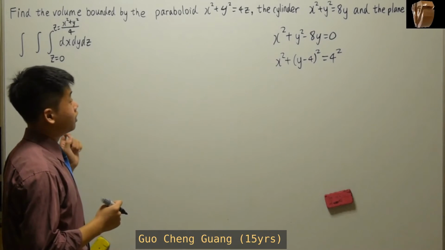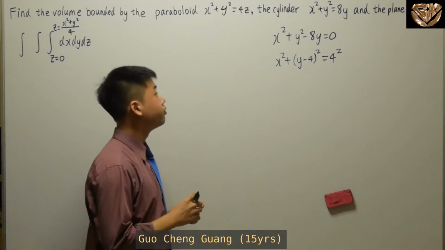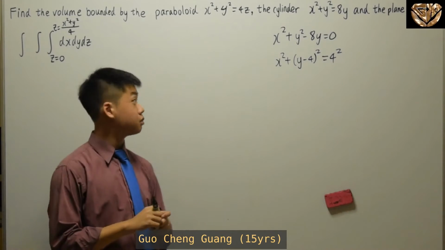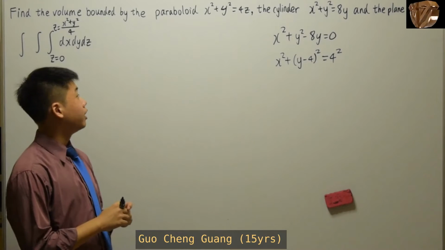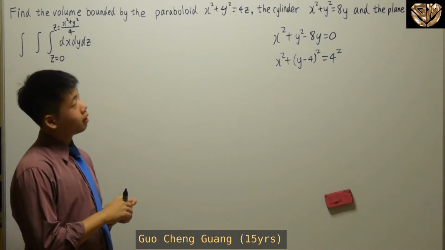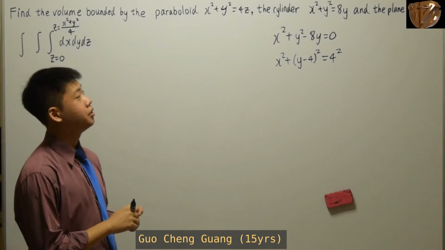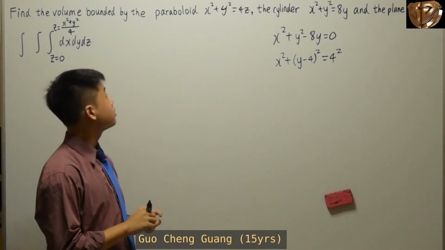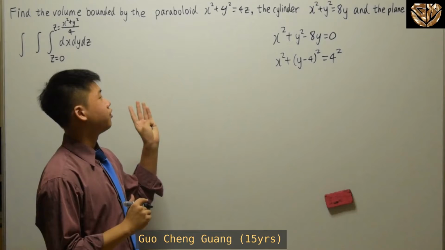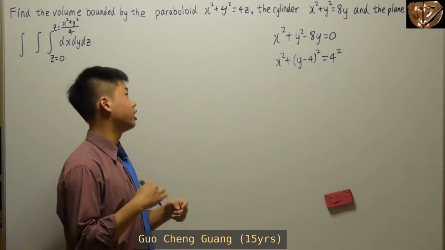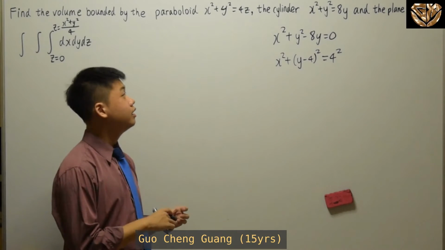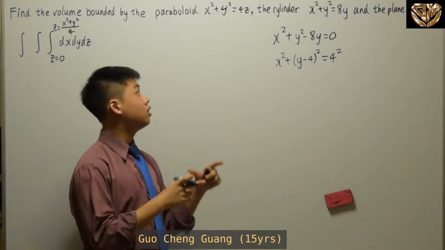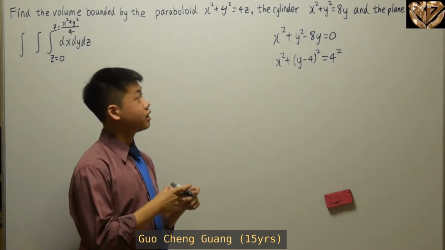Now you know that is for z. Now you can take a look at your x and y relationships. For x and y, would you rather look at the paraboloid, the cylinder, or the plane? The plane, we can't really get anything from it. The paraboloid, we do have three variables, but we can't really get anything from it either, since it is not what determines your range for x and y.